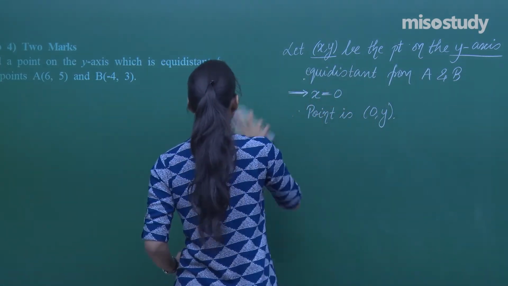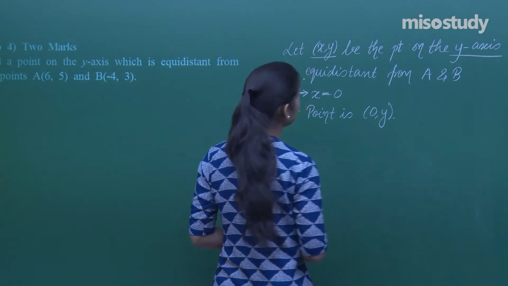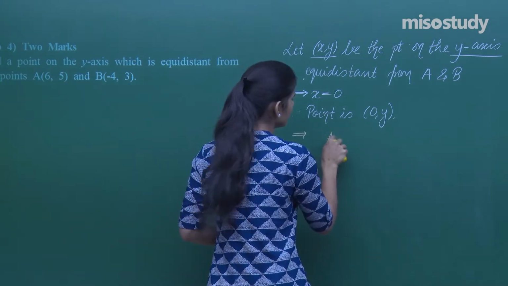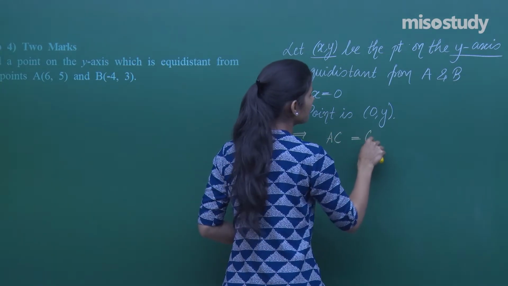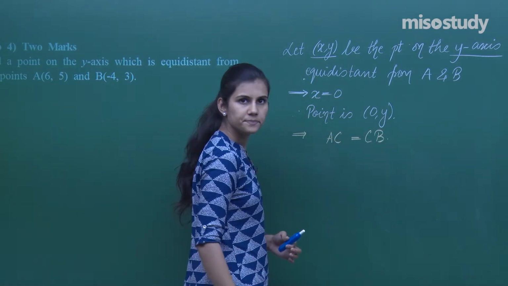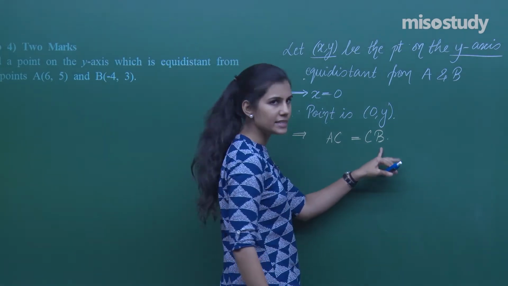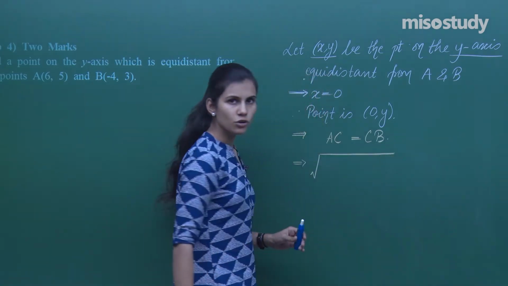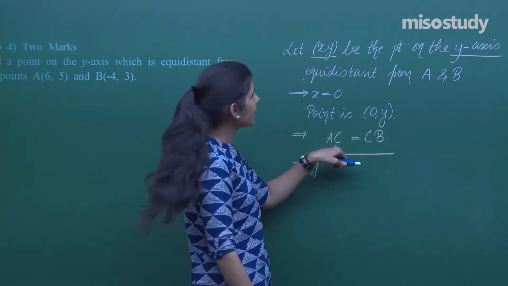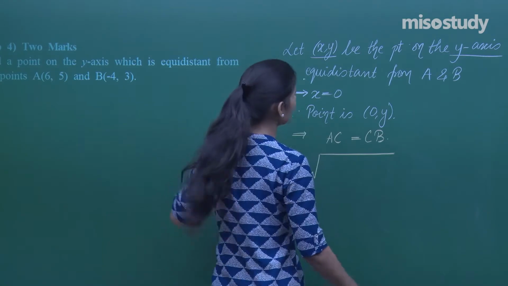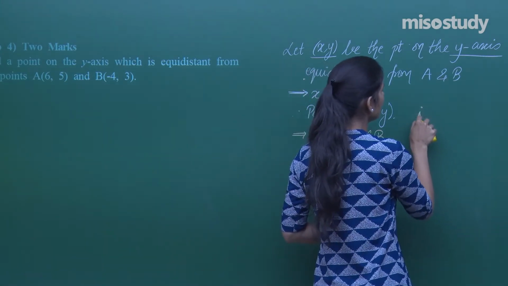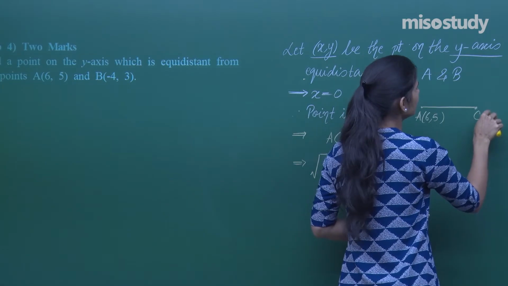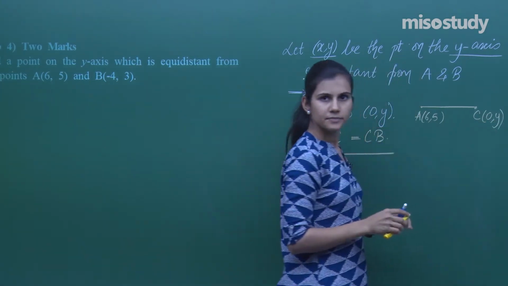Rather than that, because C is equidistant from A and B lying on the y-axis, this implies C's distance from A is same as C's distance from B. Right? So what is this equal to? Under root of, A you know is 6, 5, and then C is there, which is 0, y. Fine.